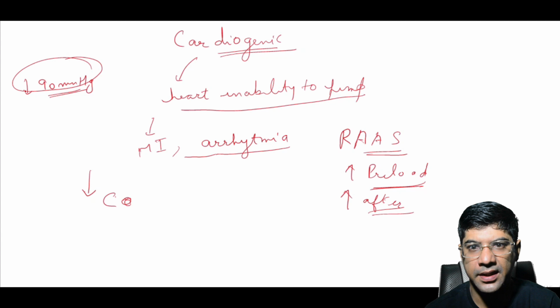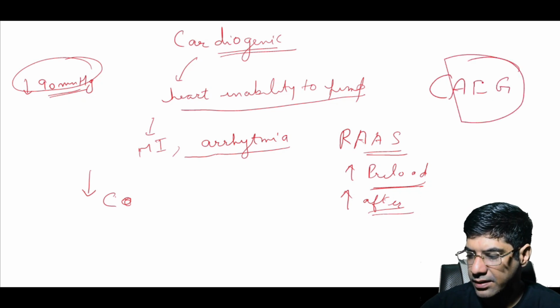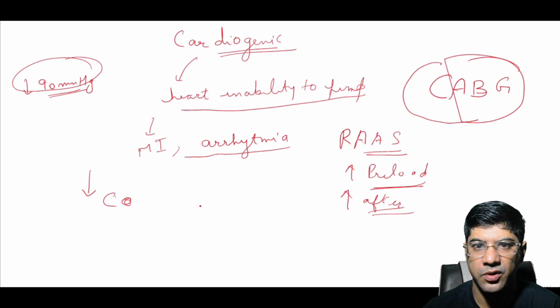The management of cardiogenic shock: you can do revascularization. For patients with MI, early reperfusion with percutaneous coronary intervention or coronary artery bypass grafting is important to restore the blood flow to heart muscle and limit the damage.